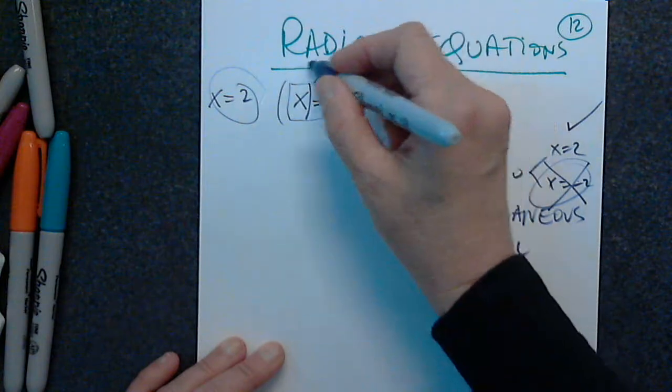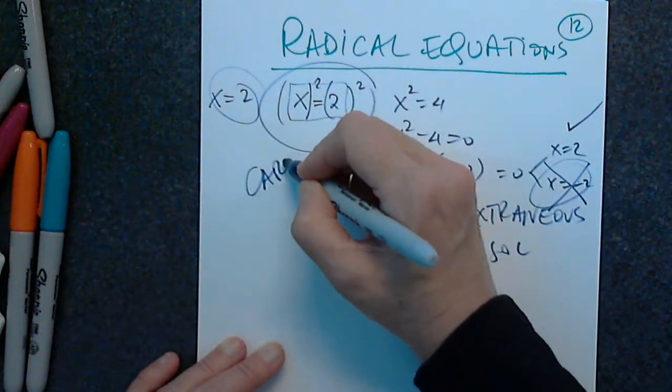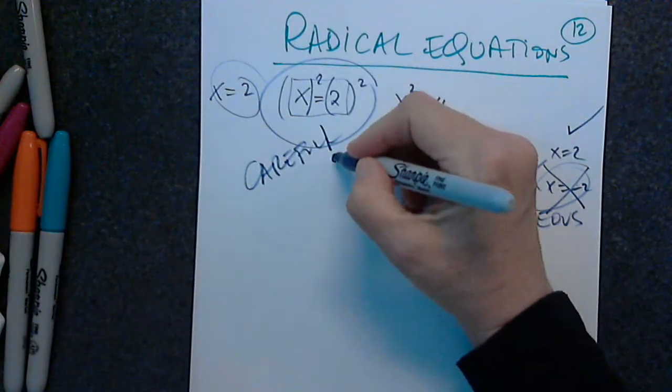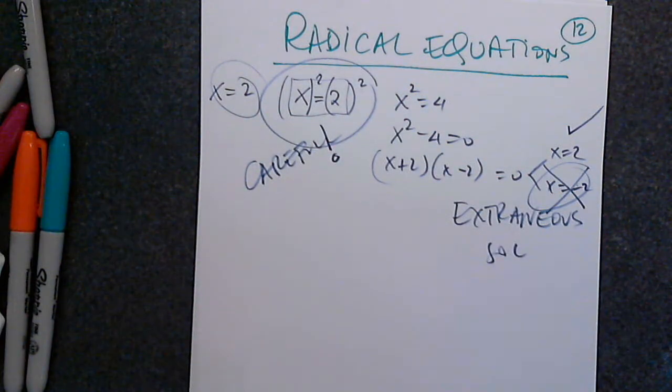So we have to be careful with this system, or this procedure of raising both sides to a certain power. We have to check solutions back in the original problem.